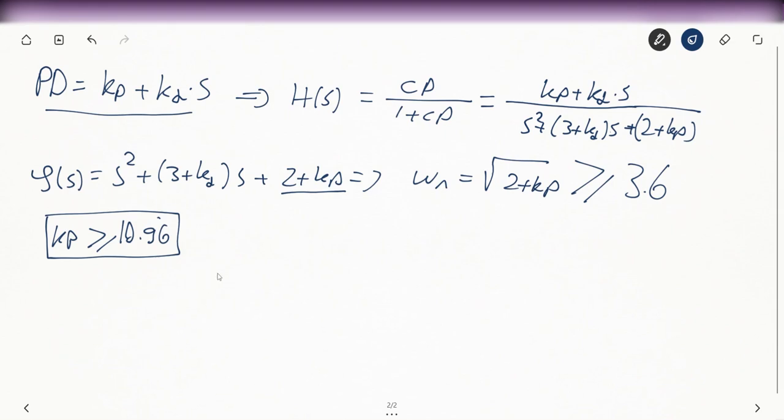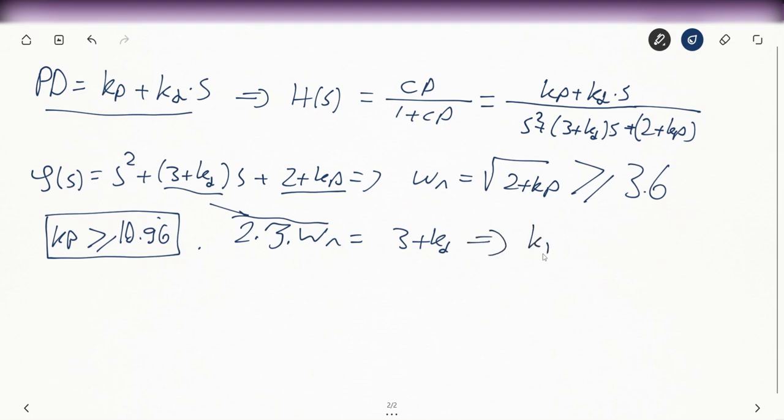In order to find the second term, we say that 2 times zeta times omega n is equal to 3 plus Kd. These are equivalent to each other.